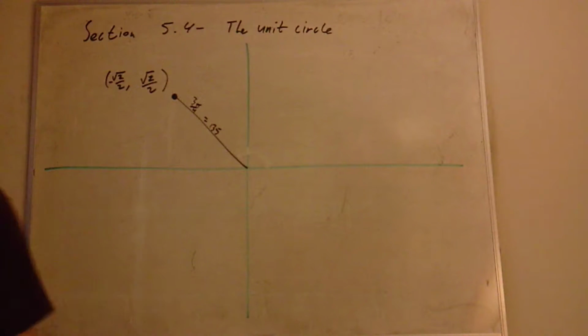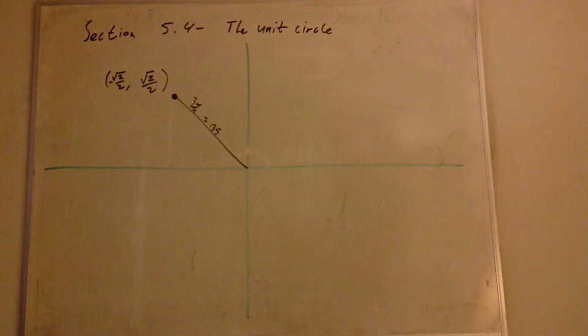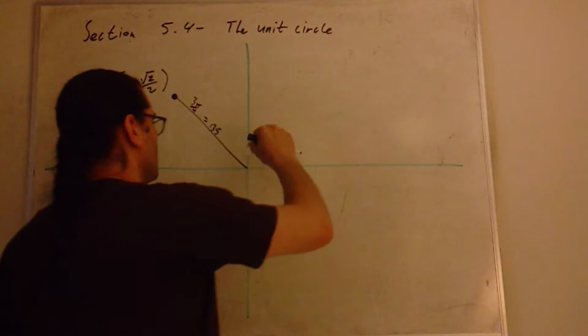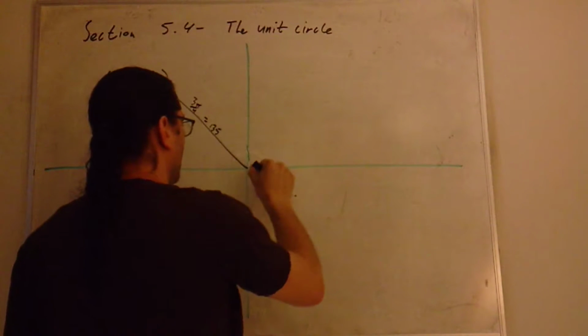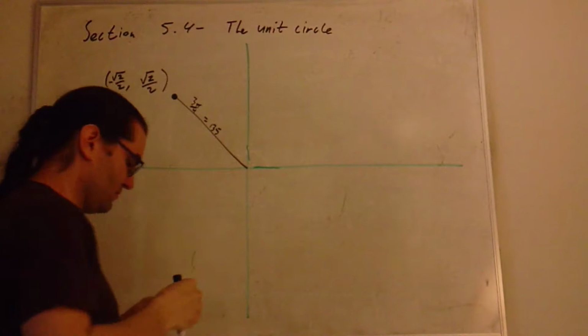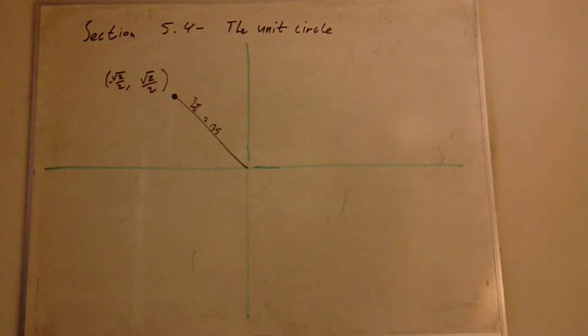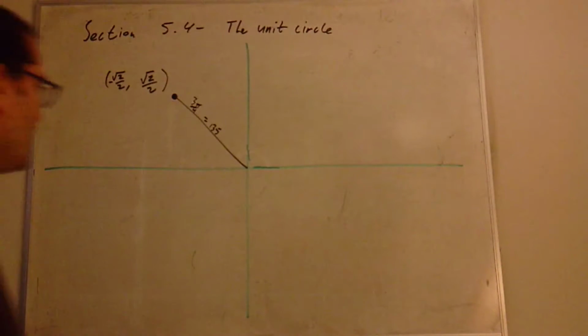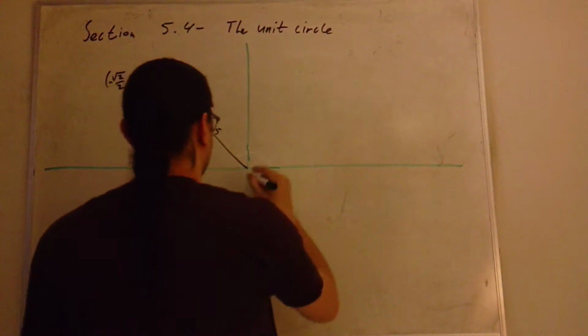So we're kind of just going to see what happens if we put all of the angles we know on the same set of axes. So I have 135 here.